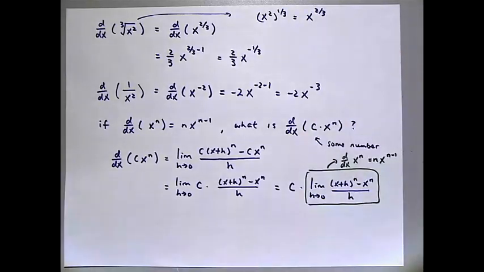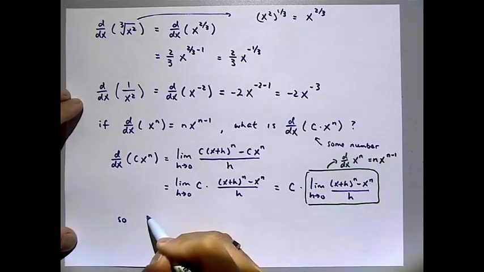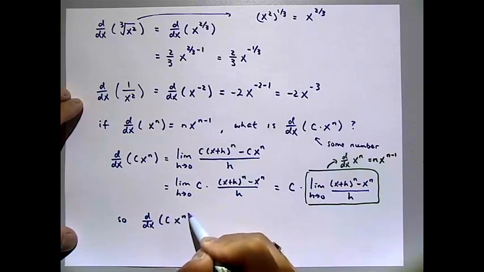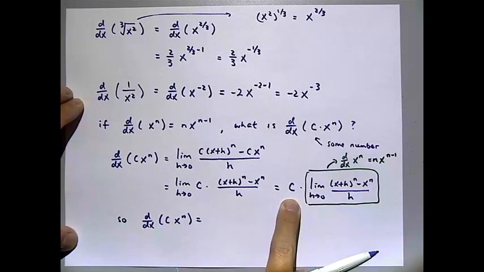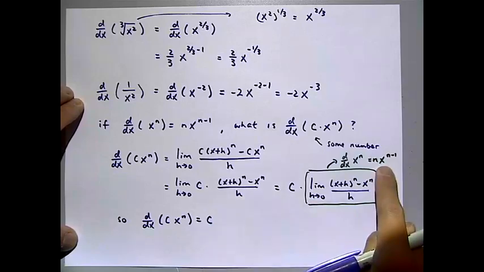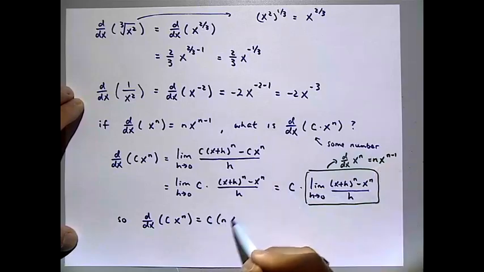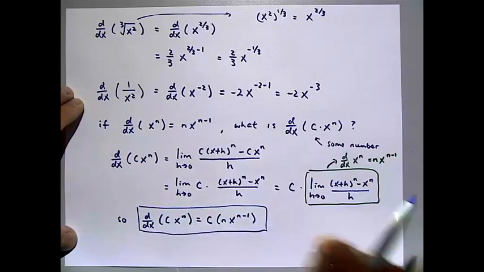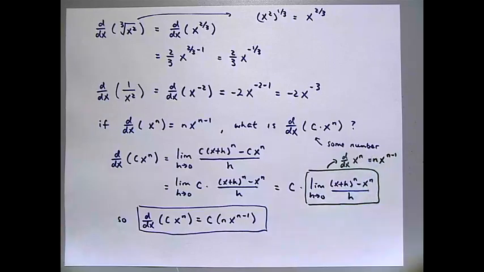So what we have shown here then, following this little short exercise, is that the derivative of c times x to the n is equal to c times n x to the n minus 1. Essentially, what you do is you ignore that c, that number that doesn't depend on x, and just take the derivative of x to the n, and then multiply them back together.